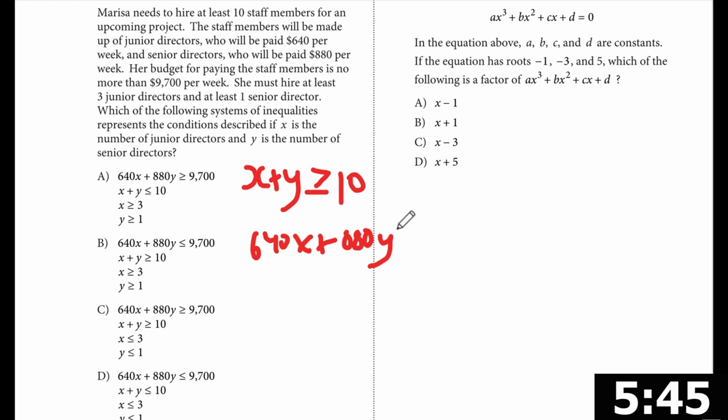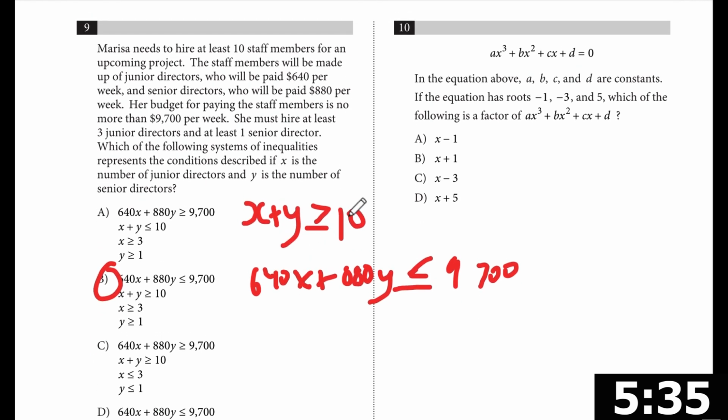Budget is no more than, so it has to be less than or equal to 9,700. So far, B is the only one with these two right, so I'm going to go with B.